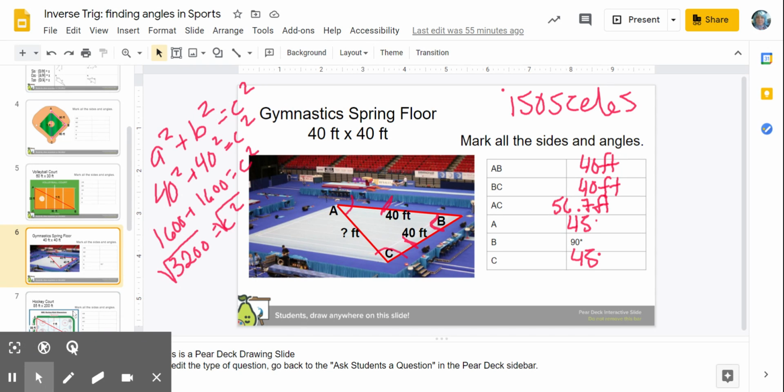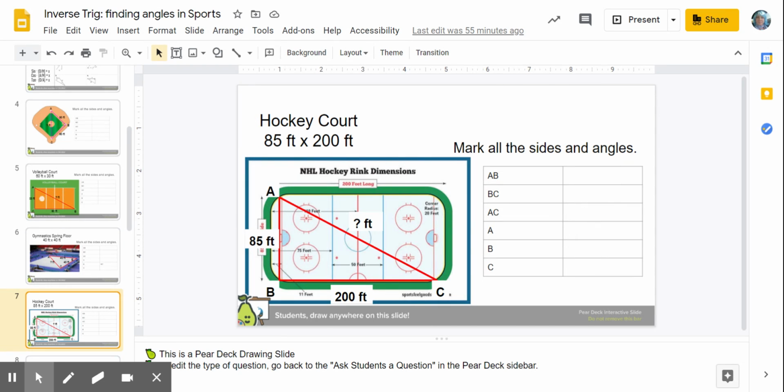Okay. Hockey rink. I don't know why I put hockey court. It's a hockey rink. So what can I label here? AB. So AB is 85. BC is 200.